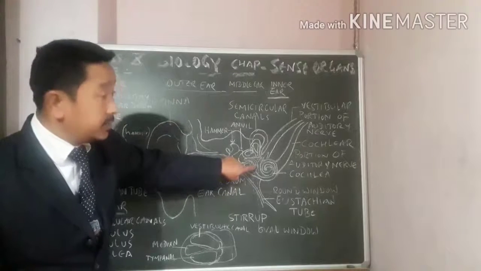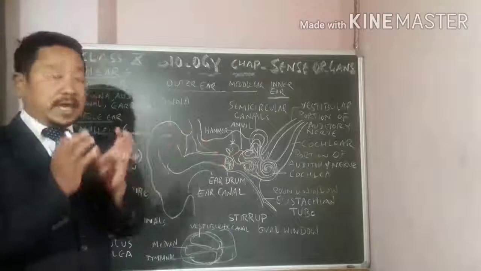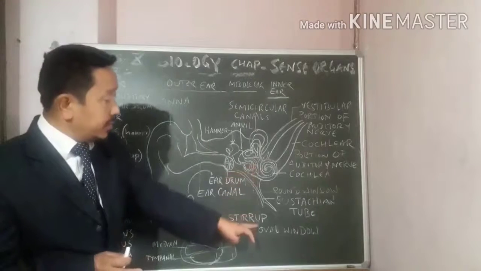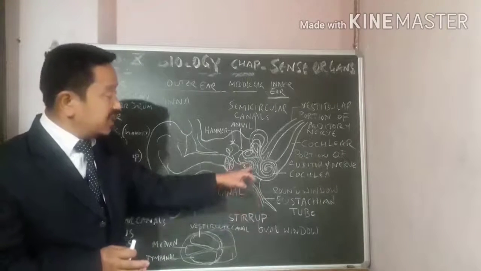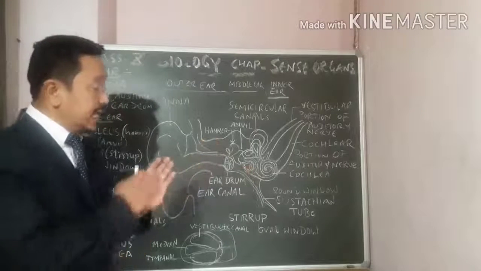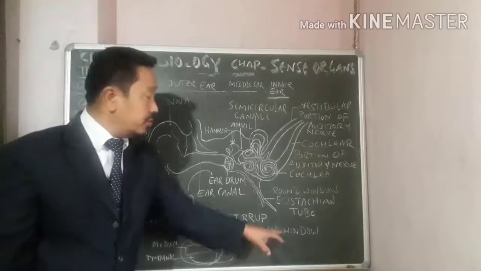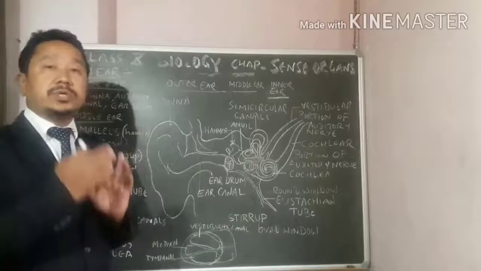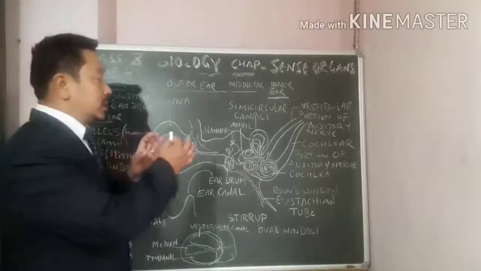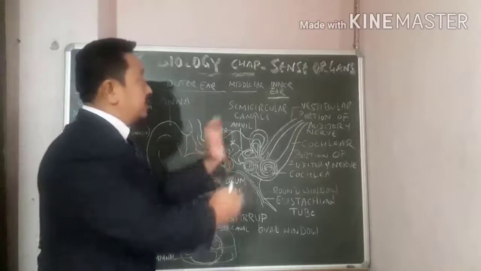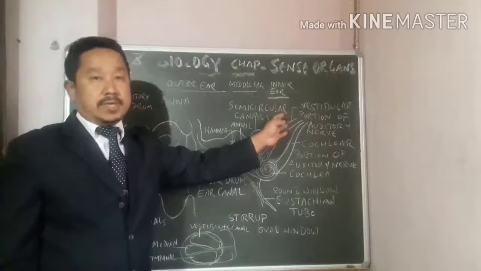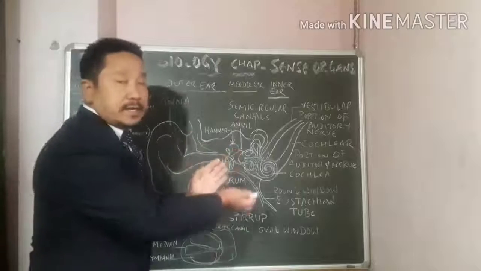There is a kind of opening called the oval window. So this flat part of your stirrup is connected with the oval window, and this oval window connects the middle ear with the inner ear.